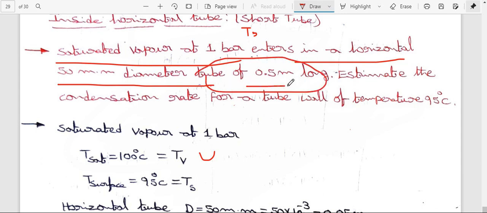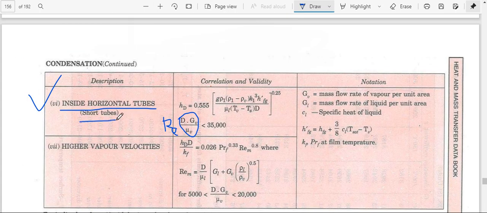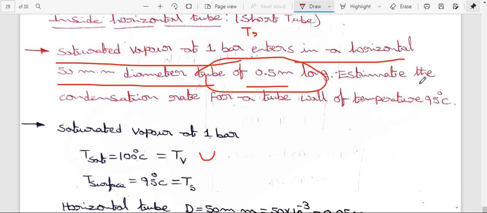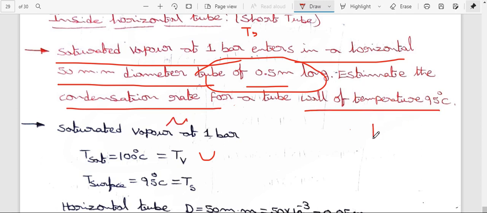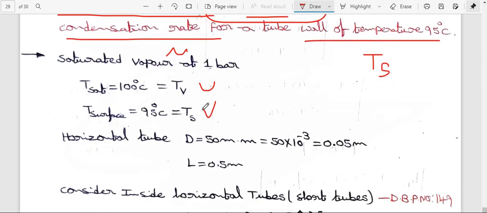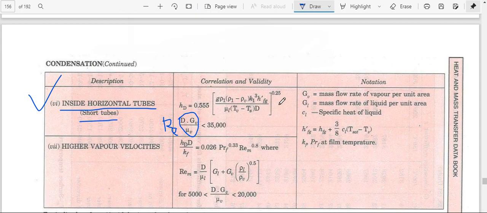It is a short length, so that's why I'm considering a short tube. Estimate the condensation rate m if the tube wall temperature is 95 degrees. So surface temperature is 95 degrees. The horizontal tube diameter, the length equal to 0.5 meters. That's why I'm considering this formula only.